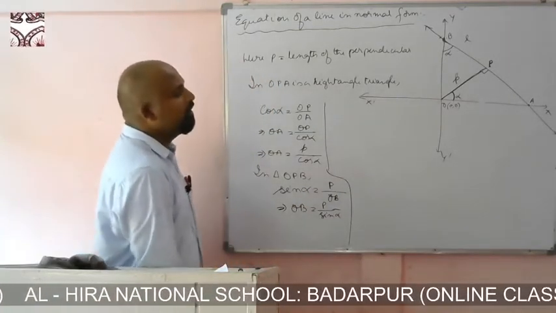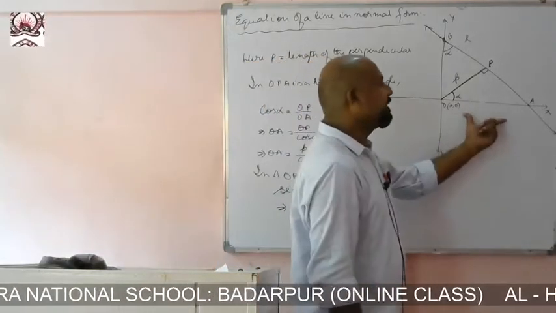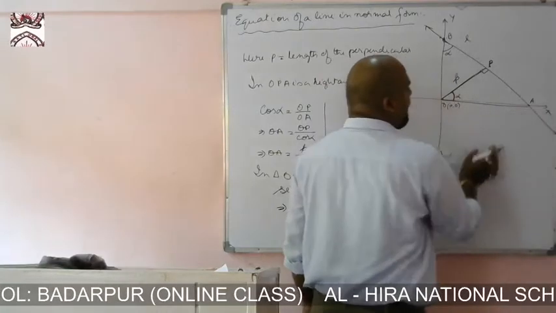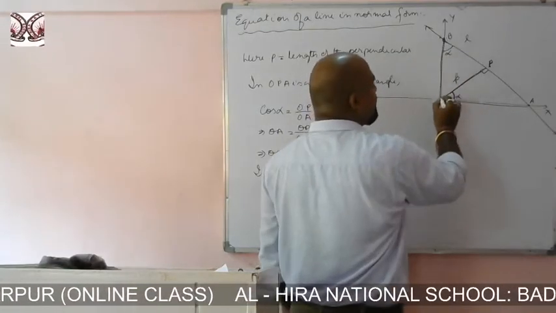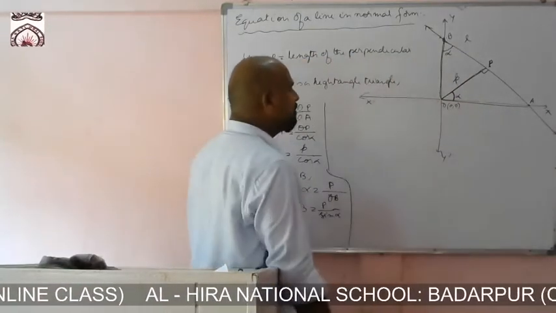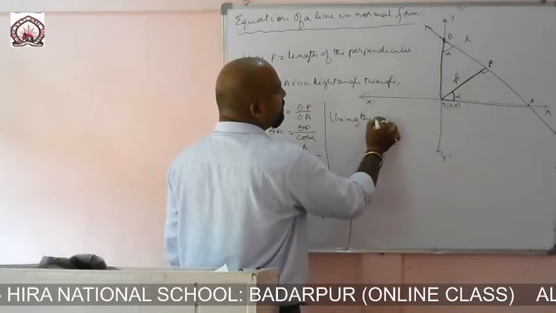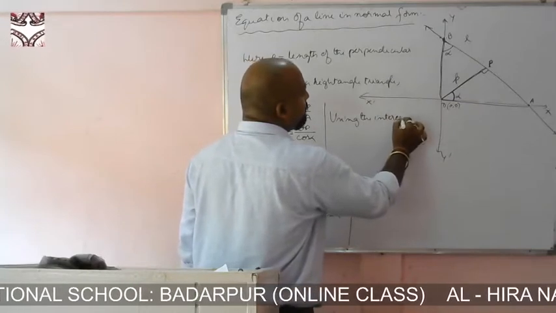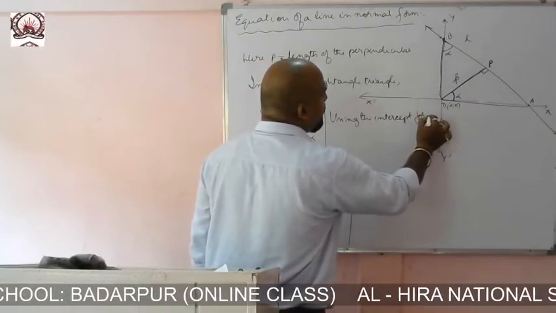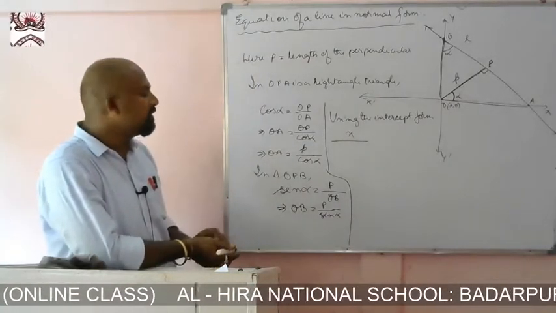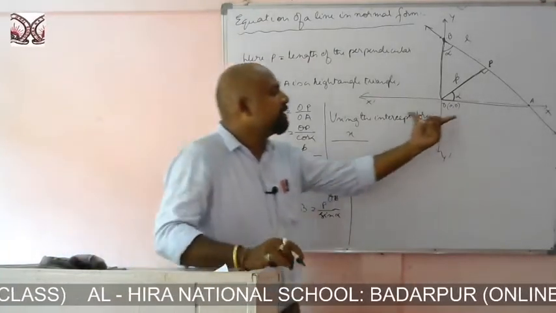Now here we are getting the length OA, which is the x intercept, and OB, which is the y intercept. Using the intercept form, x by x intercept plus y by y intercept equals 1.